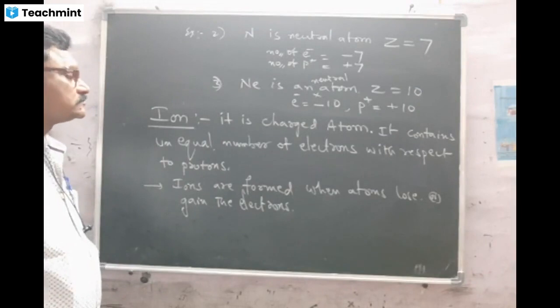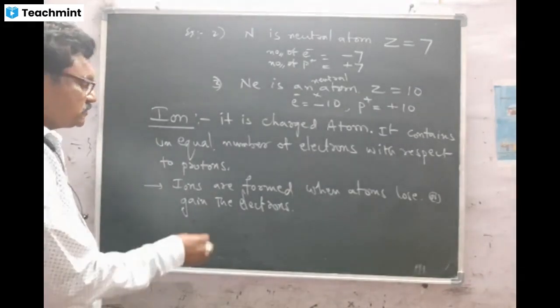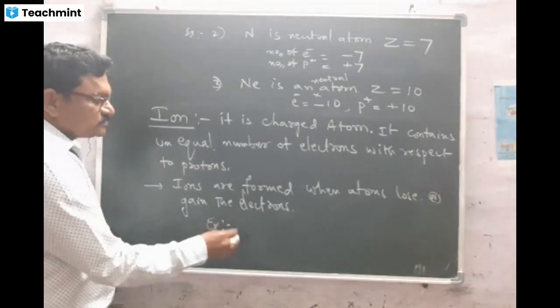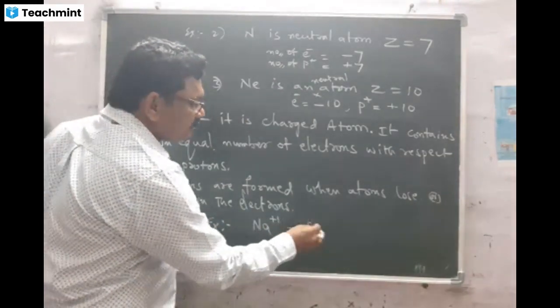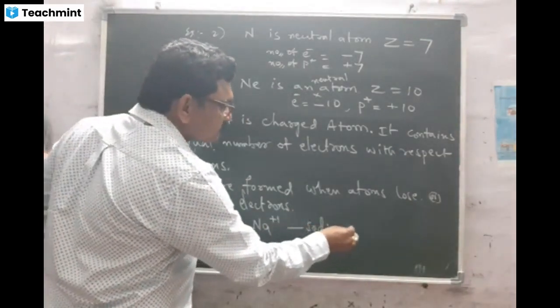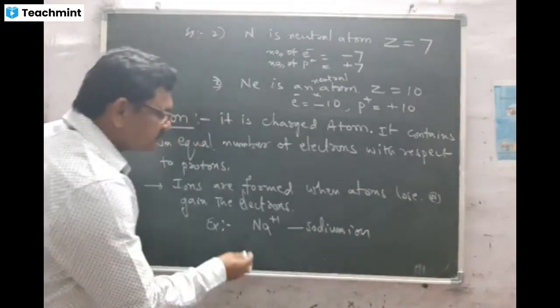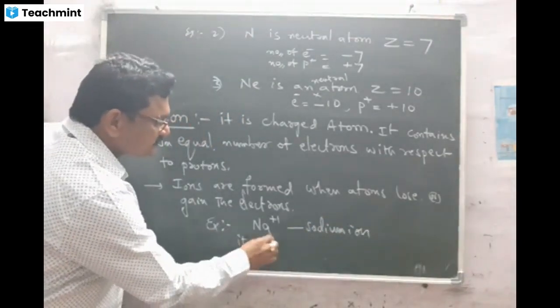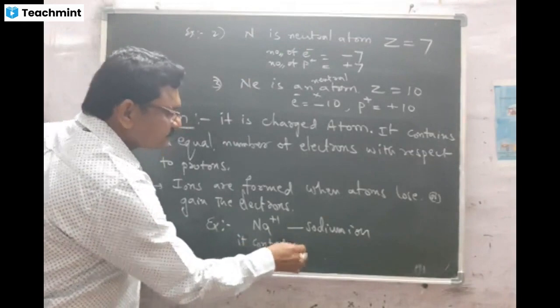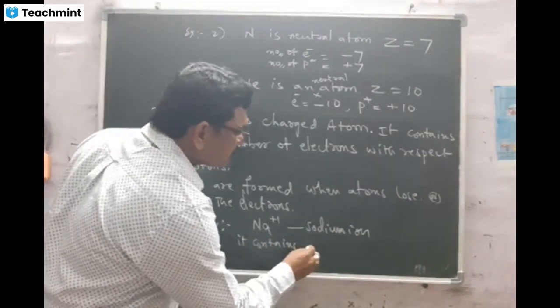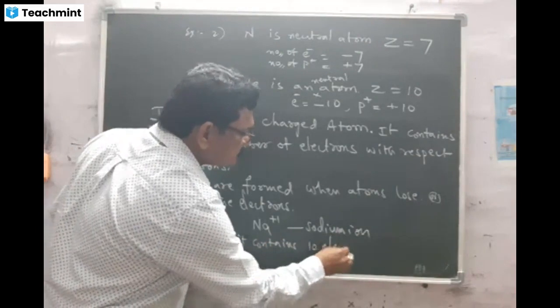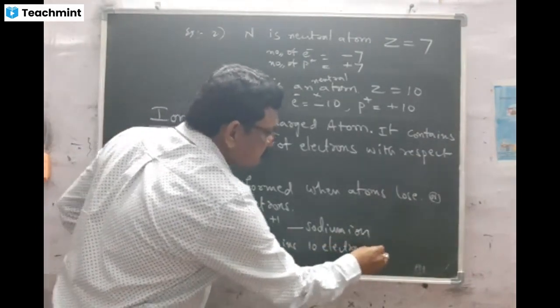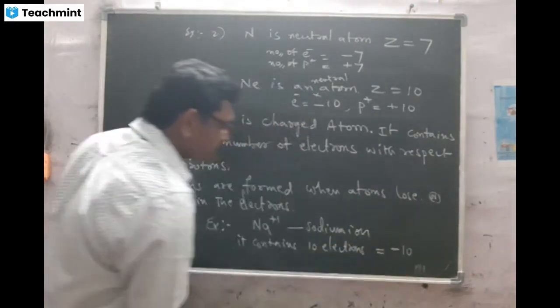So for example, you see Na+, sodium plus 1. This is the sodium ion. That means it contains 10 electrons, that means minus 10.